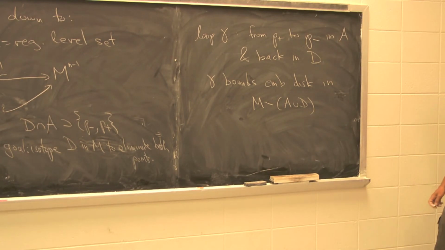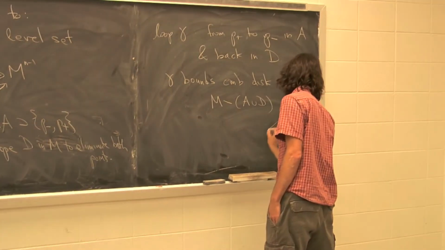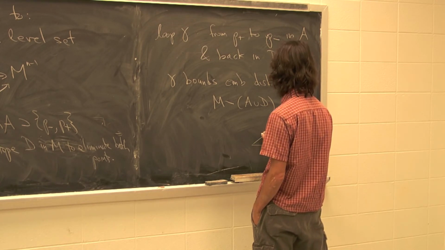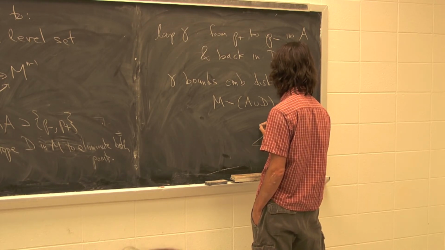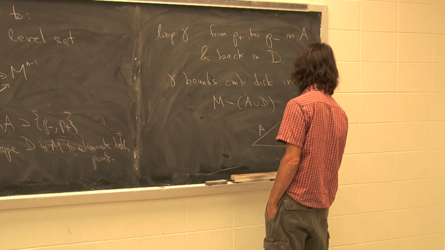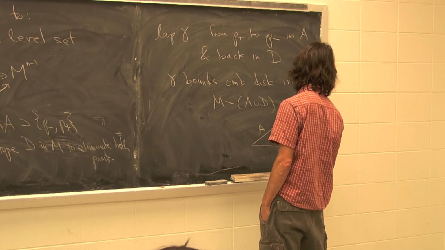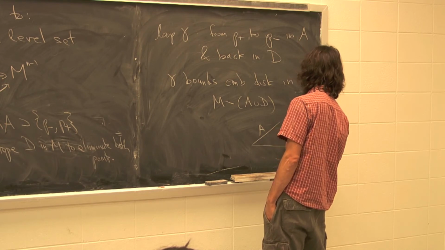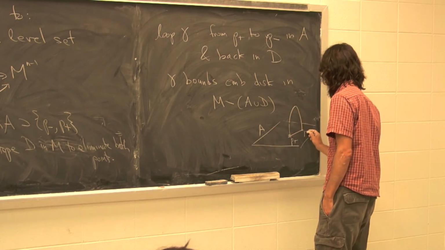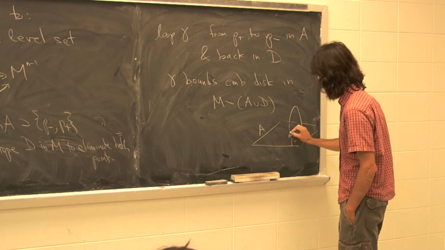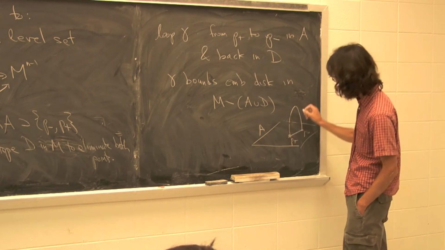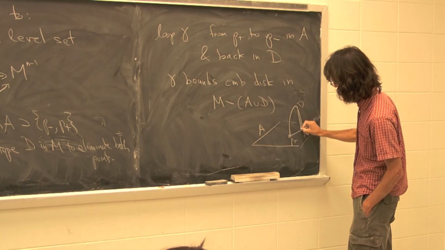And so then you're going to get some picture sort of like this. This is an ascending thing, and then this is going to be your loop gamma. There's p plus, there's p minus. Here's your arc in one of them. It's hard to have enough dimensions to draw a picture, but this is D. This is the loop gamma.